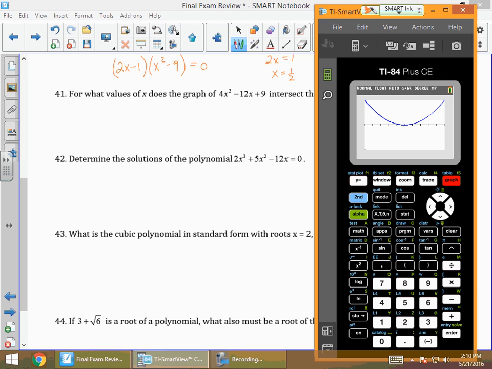And if I want to calculate the x-intercepts, second calculate, and I want to know the zero, so 2, and then it says left bound. I go over here to the left, and then I'll go to the right.